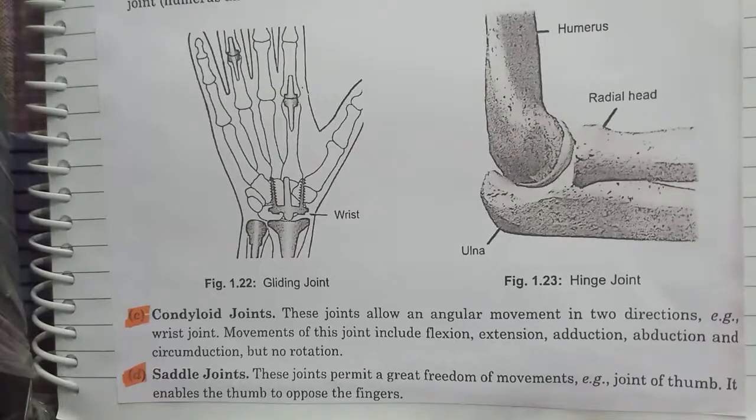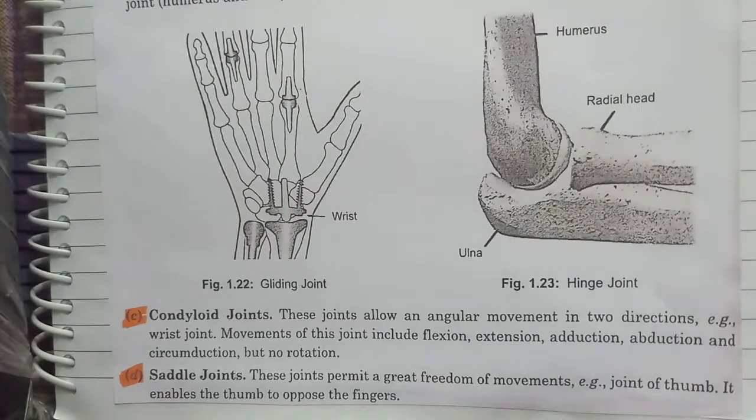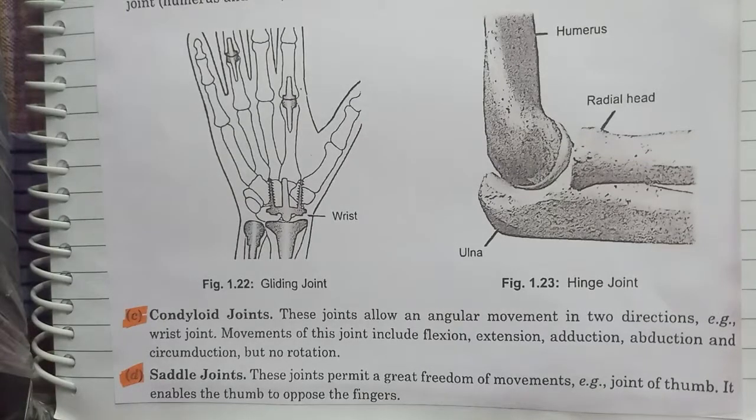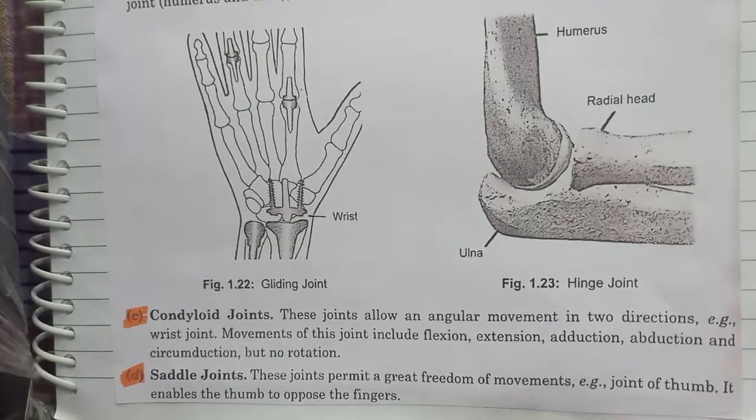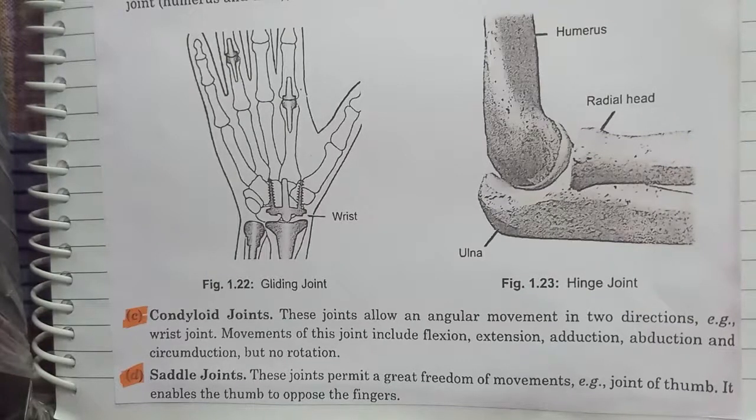Diagram of hinge joint, which is found in the hand, and hinge joint, gliding joints. Condyloid joints. These joints allow an angular movement in two directions. For example, wrist joint. Movements of this joint include flexion, extension, adduction, abduction, and circumduction, but no rotation.